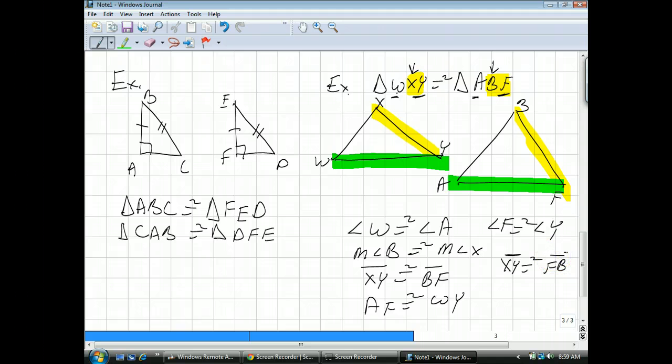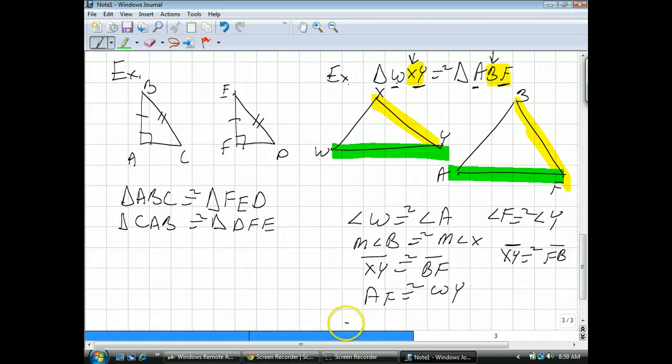Okay, so if I call the first triangle YWX, then the second triangle has to be listed in the corresponding order. So Y corresponds to F, W corresponds to A, and X corresponds to B. So we'd have to say triangle FAB.